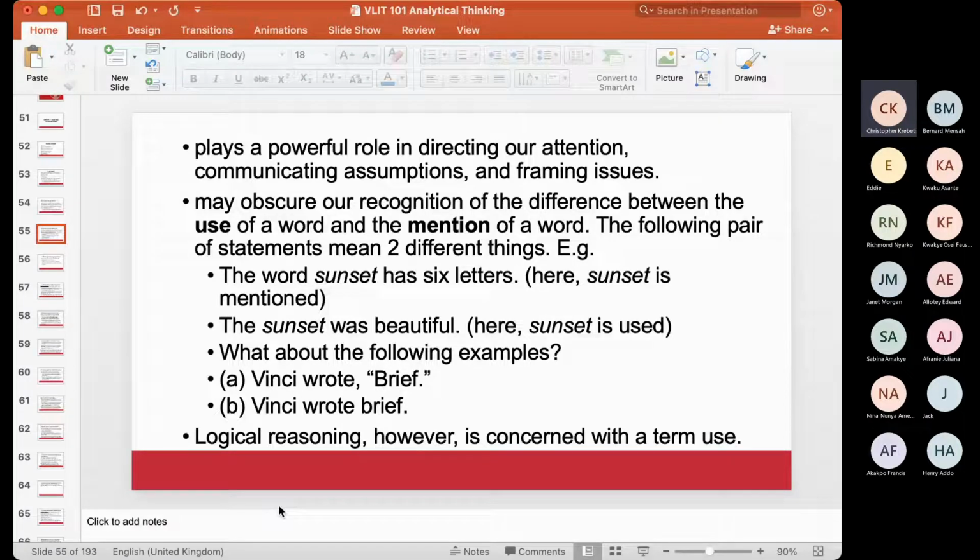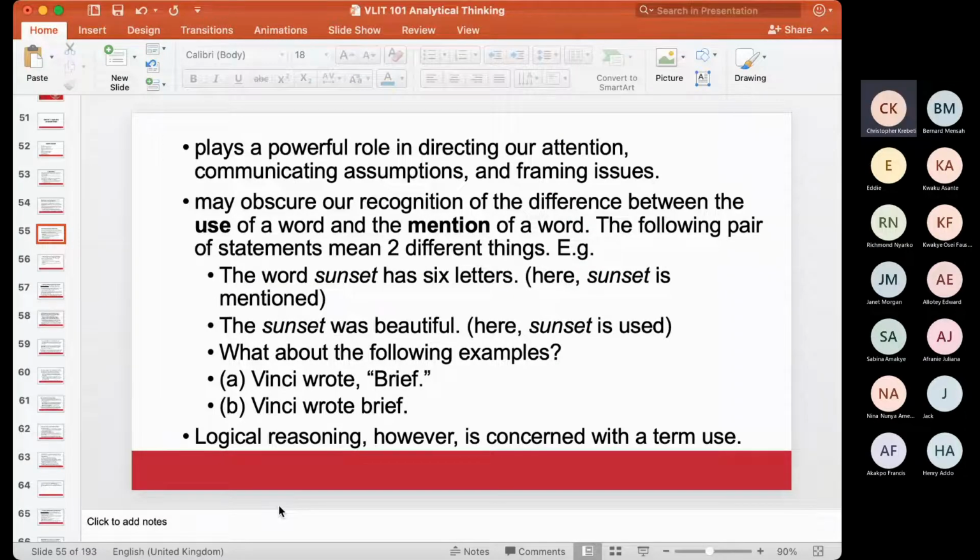But let's look at the second example: The sunset was beautiful. Here, the word sunset has actually been used, so it has a lot of significance, and the listener will have to pay detailed attention to it. We'll look at other examples that utilize the word brief. The first example: Vinci wrote brief.